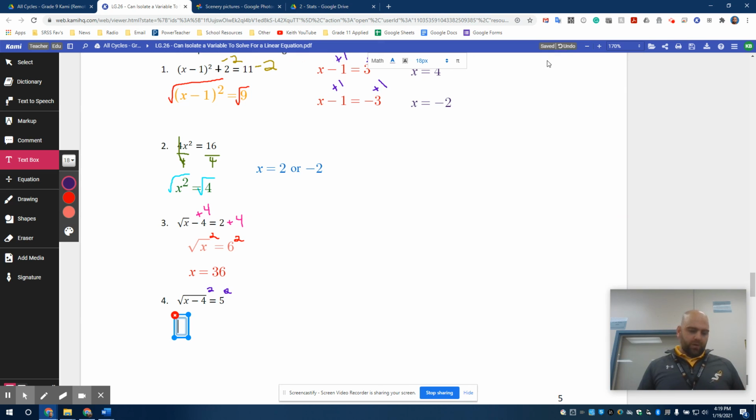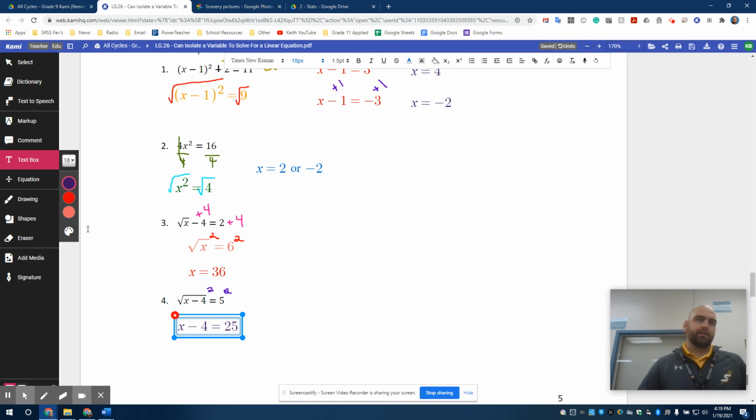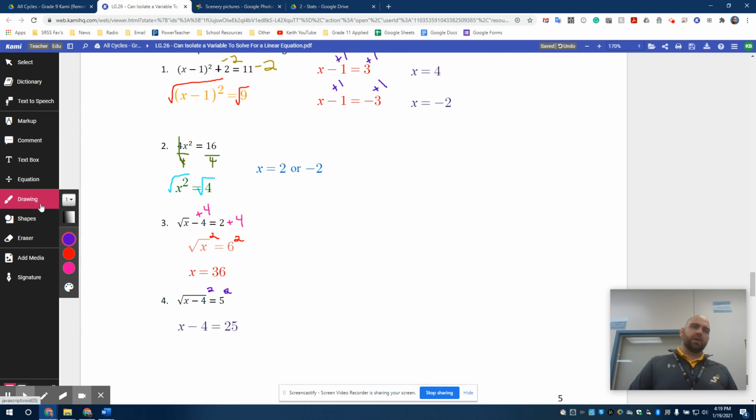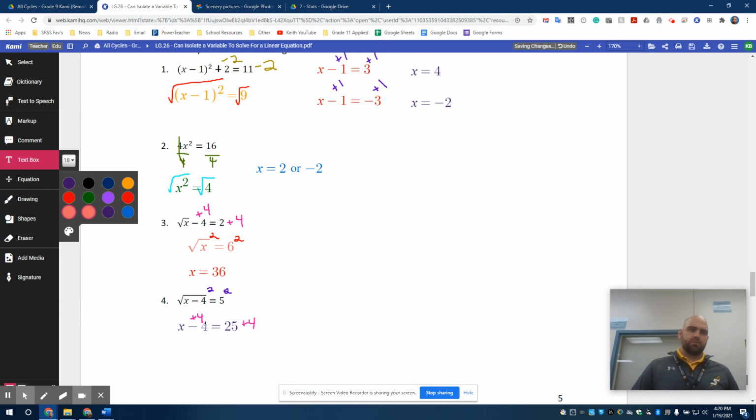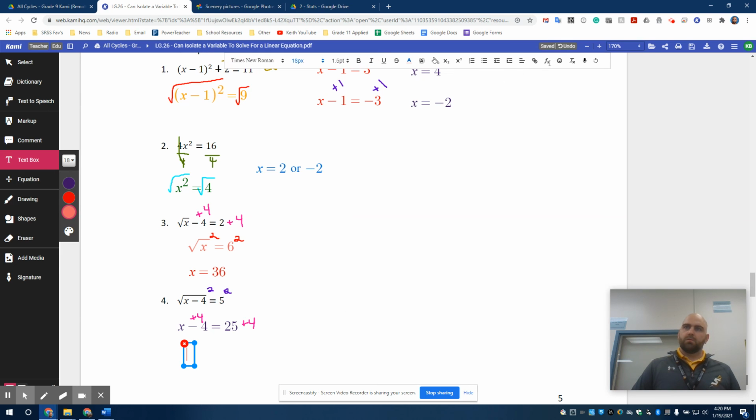Once we've done the square root, we're left with x minus 4 on that side, and on the other side, we get 25. So now add 4 to both sides, and we're left with x is equal to 29. And so our final answer would then be 29.